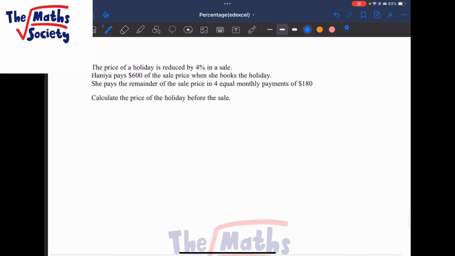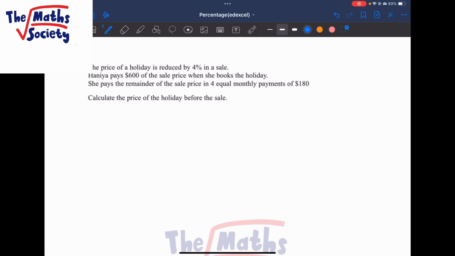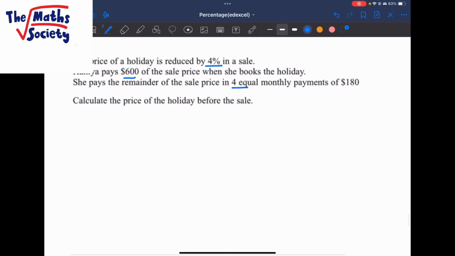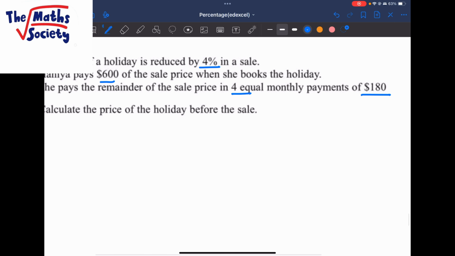I'll move on to question number 14. So 14 says that the price of the holiday is reduced by 4% in a sale. Hania pays $600 for the sale price when she books the hotel, so she pays the remainder in 4 equal months of 180. Calculate the price of the hotel before the sale. We need to find the 4 equal monthly payments first.